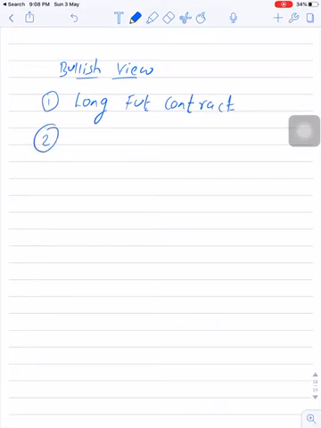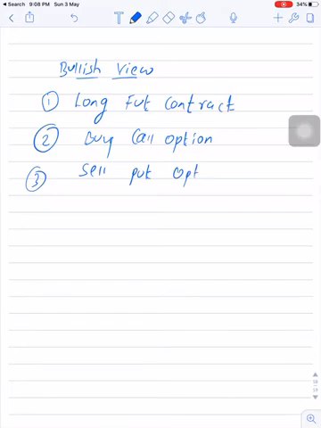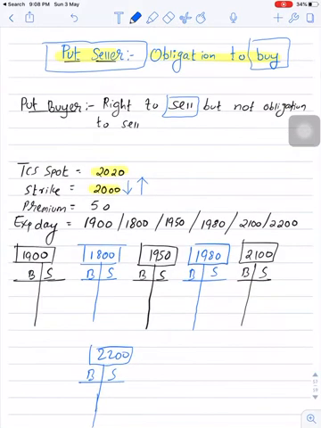Number two, you can buy a call option, you can become a call buyer. Number three, you can sell a put option. So we are discussing this one. Remember this point, when to sell a put option: when a trader has a bullish view he can sell a put option. So in this example a trader is expecting the price of the underlying will remain above 2000.